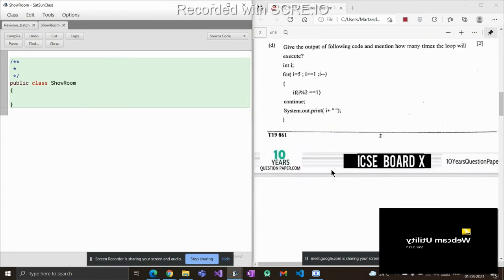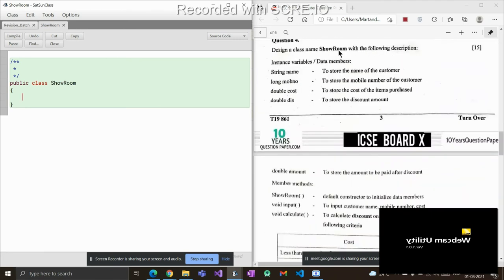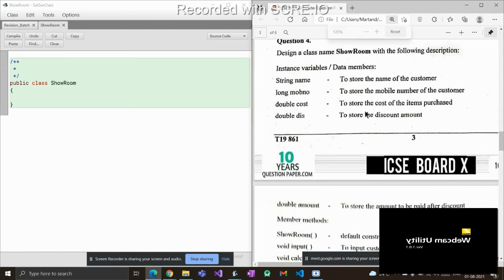Name of the class is Showroom. Okay. So we have given the name of the class as Showroom over here. It says that I have five variables over here. So as the variables are given in the question paper, you will be writing in the same way in your answer sheet also. It's given string name, so write string name.